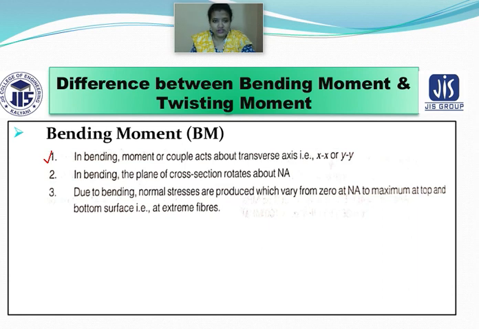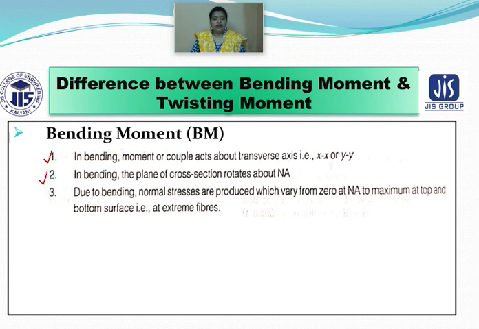So transverse axis, as I have already told you, we are considering as X or Y, and we are considering the polar axis or longitudinal axis as always Z. So in bending moment, couple always acts on the transverse axis, that is your XX or YY axis.